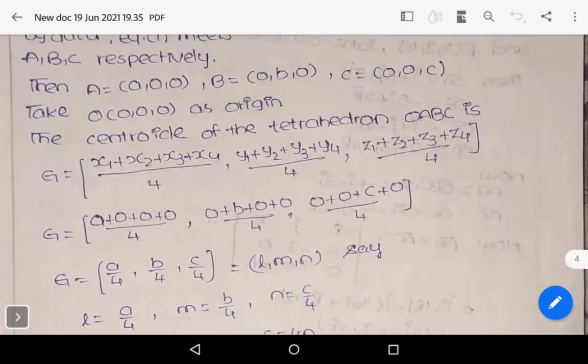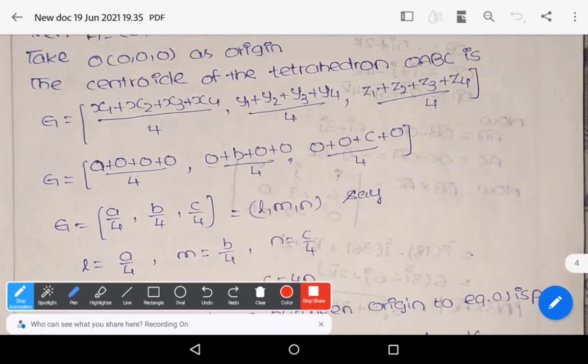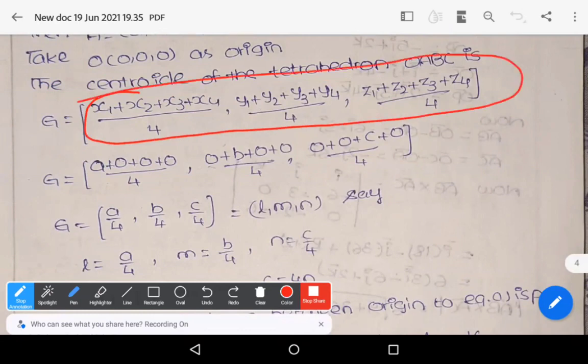The centroid of triangle ABC is... now the centroid of the tetrahedron. In this problem, we use the tetrahedron formula, not the triangle one. The centroid of the tetrahedron OABC is ((x1 + x2 + x3 + x4)/4, (y1 + y2 + y3 + y4)/4, (z1 + z2 + z3 + z4)/4).